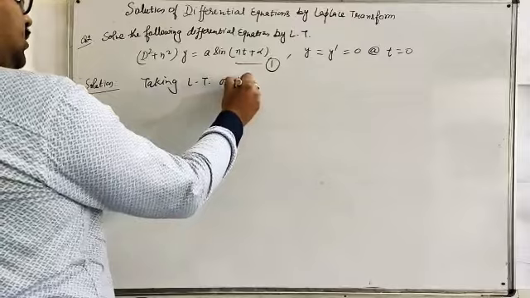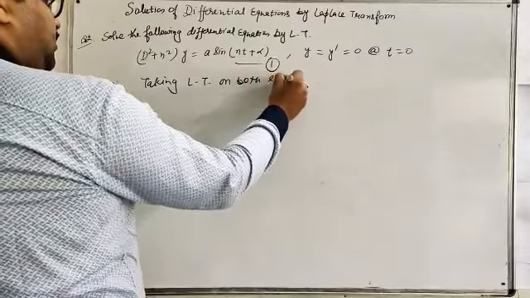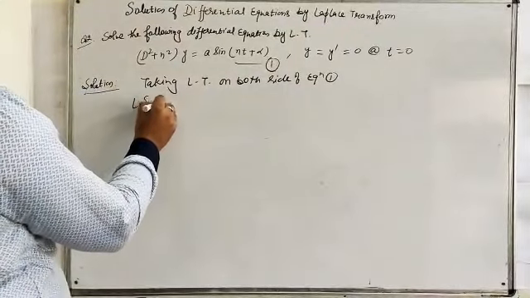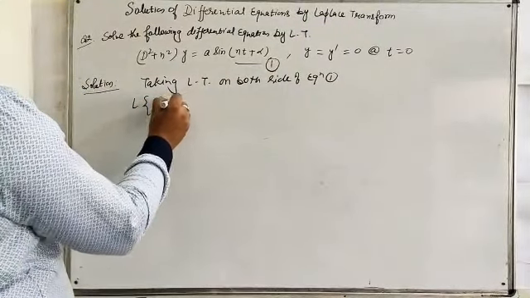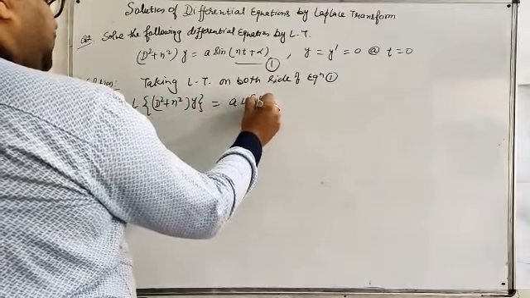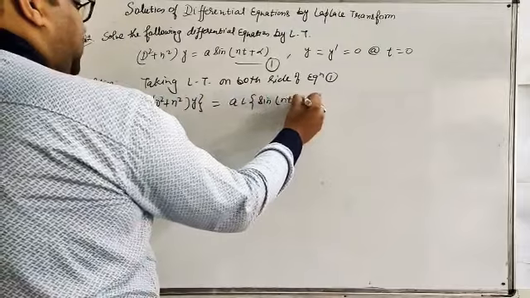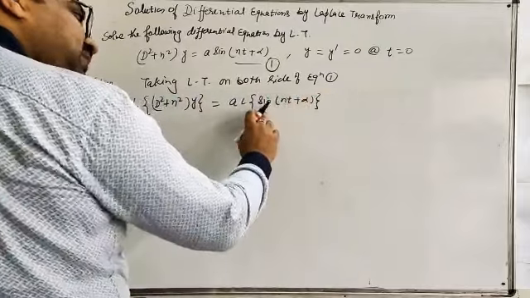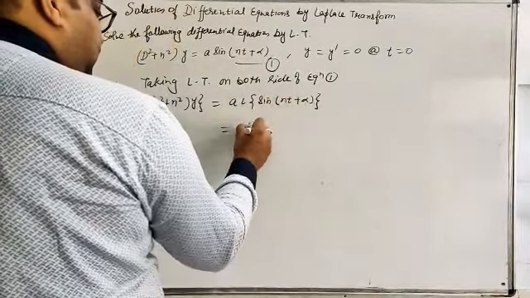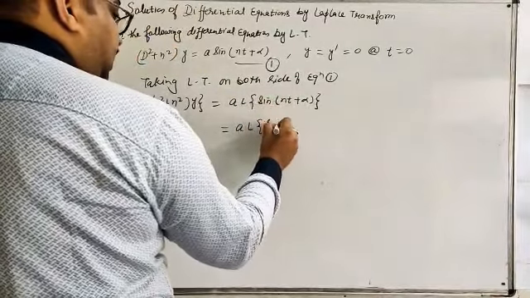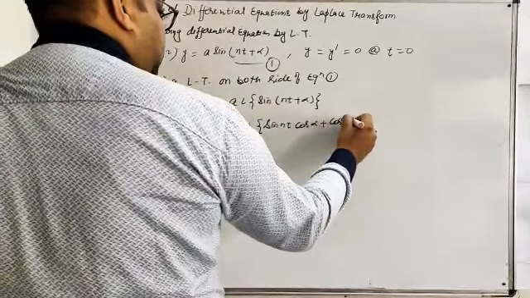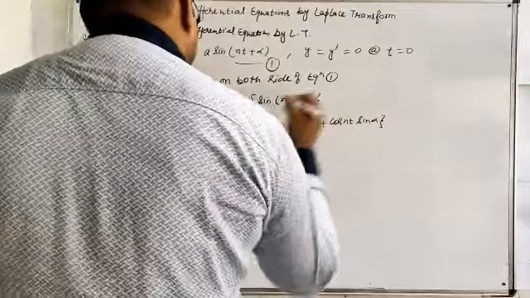So taking Laplace transformation on both sides of equation number 1. Laplace of (D square plus n square) y is equal to a Laplace of sin(nt plus alpha). Opening it with the trigonometric function: sin nt cos alpha plus cos nt sin alpha.